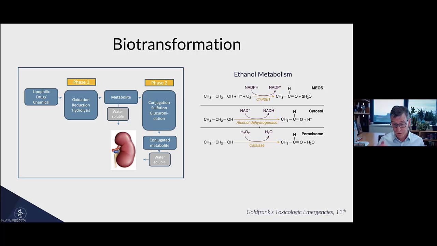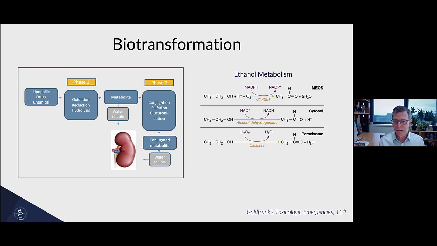ADH varies among people, among genders, among races and ethnicities, and it explains some of the issues that we see, for example, with what's so-called, quote unquote, Asian flush, right? Because the alcohol is rapidly metabolized to acetaldehyde, which is then rapidly eliminated by aldehyde dehydrogenase.